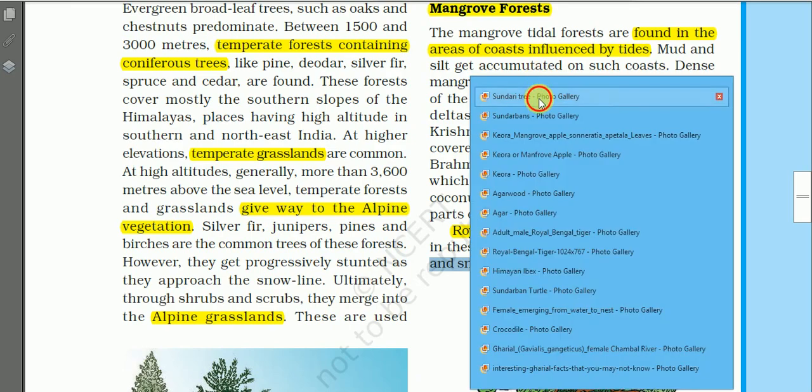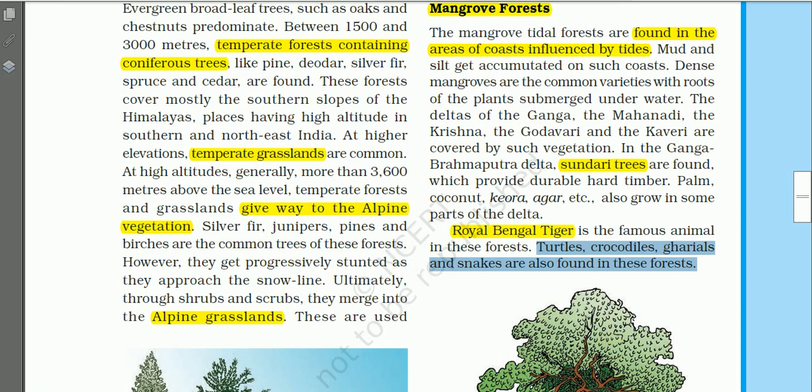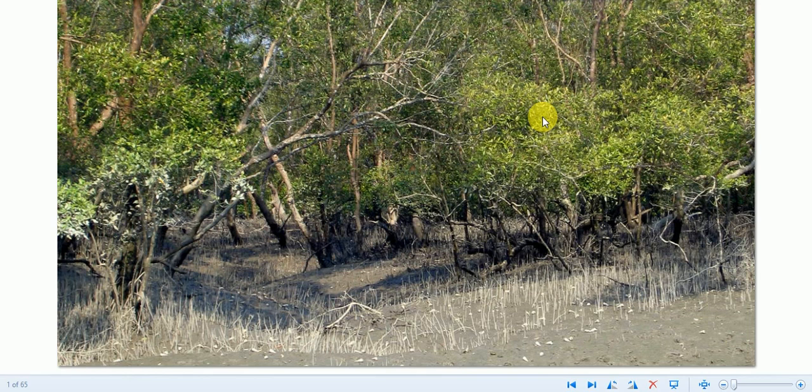And here is another photograph of Sundari tree, inside the Sundarban. Sundarban means a forest where Sundari trees are mainly grown.